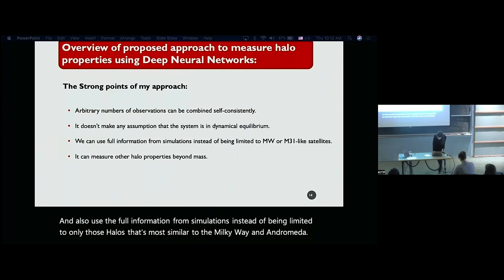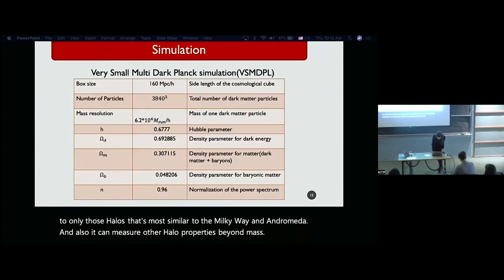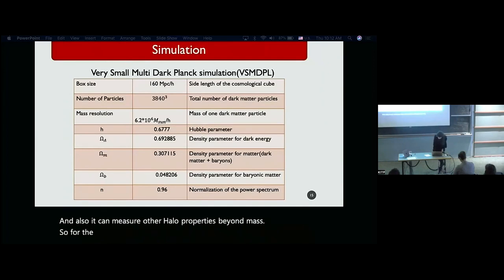And also it can measure other halo properties beyond mass. For my input simulation, I use the very small MultiDark Planck simulation.